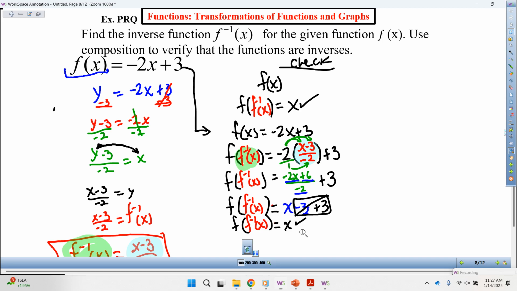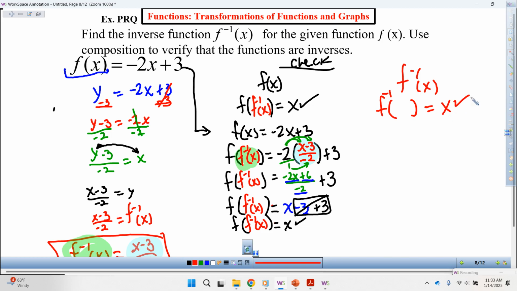All right, so let's now do the opposite. Now we're going to start with f inverse of x, which means at the end we need to make it equal to x, but instead of x, what do we substitute? We're going to substitute the original f of x. Yes? Yes, Mr. Q?